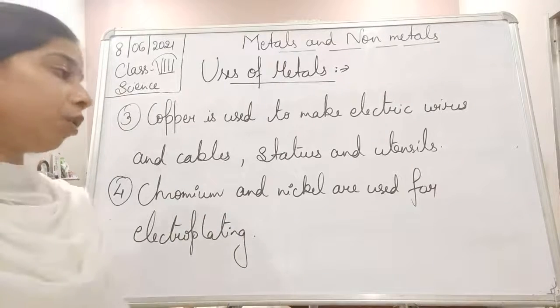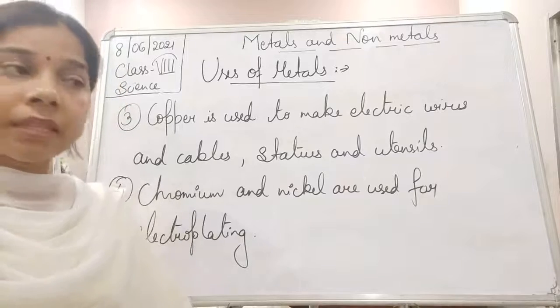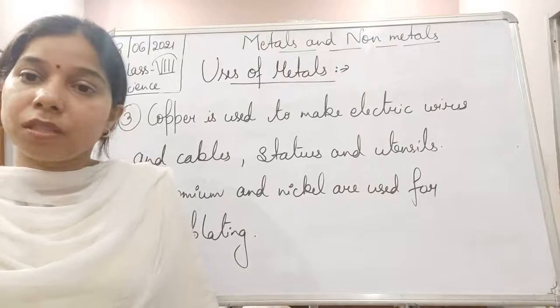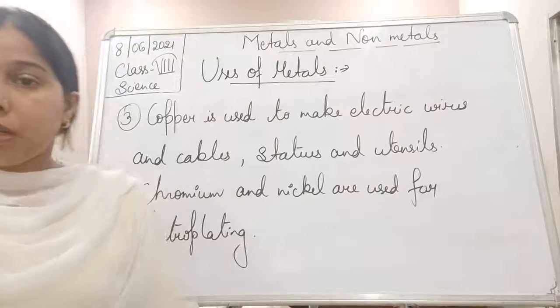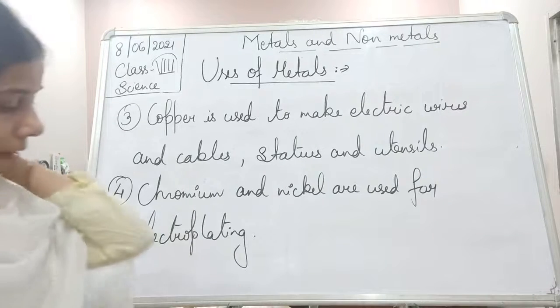So nickel and chromium are used for electroplating, which also helps in preventing corrosion. So we can say here that they are very good for making alloys especially.